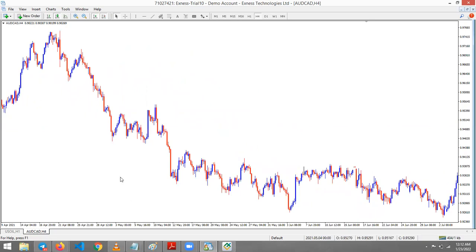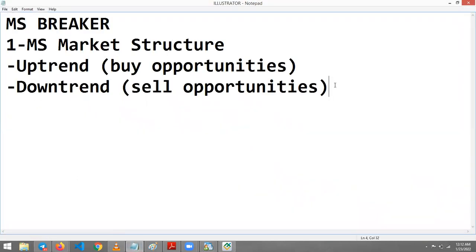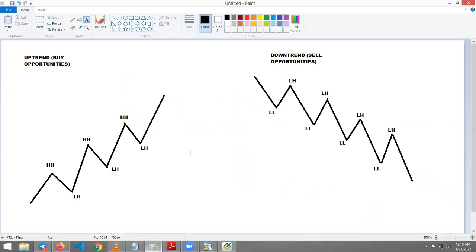And just something I want to add on. There's another kind of structure. It's called the ranging market. When the market is ranging, what you'll notice is a sideways movement.